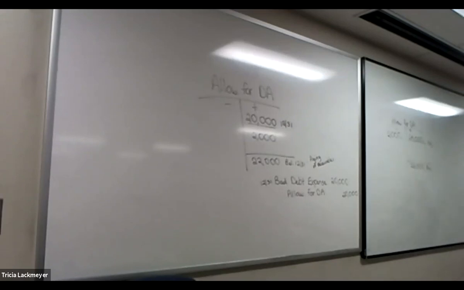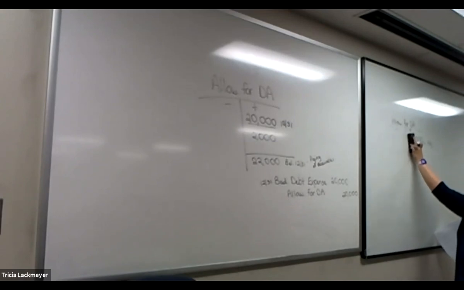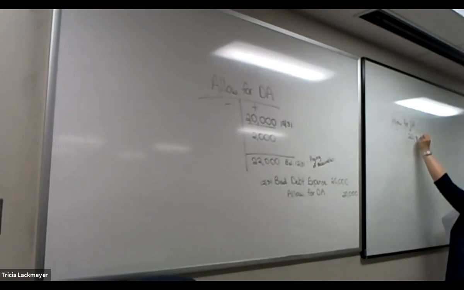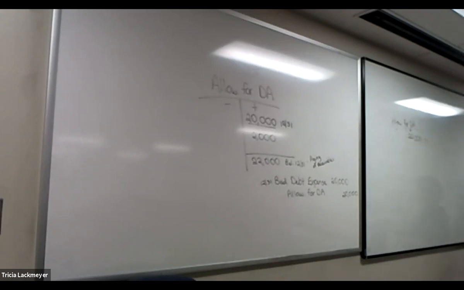So again, just kind of what happens as we go through the year, we start with a beginning balance, which was last year's ending balance. So this is like January 1. We started with a credit of $22,000. After you do your adjustment, you always should have a credit balance in allowance for doubtful accounts, okay?